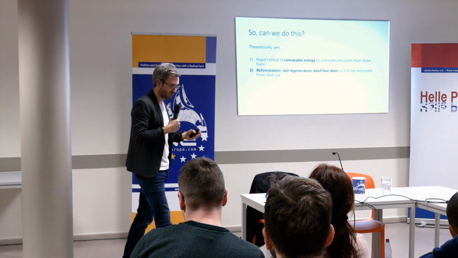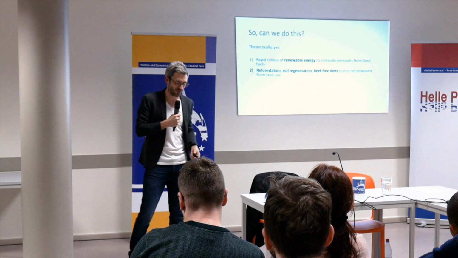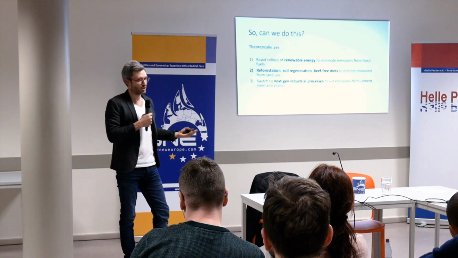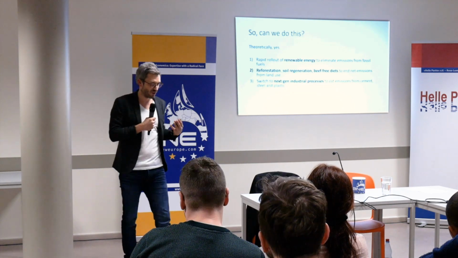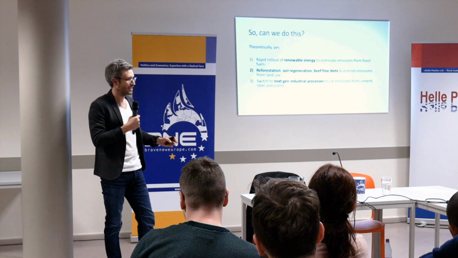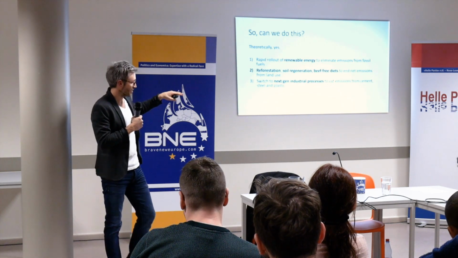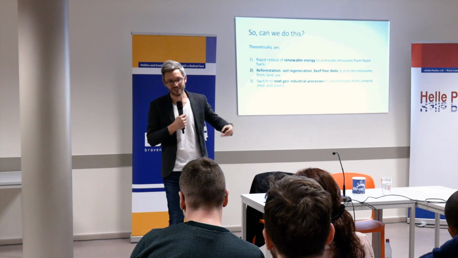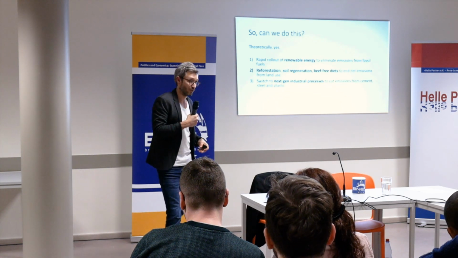This also has to be part of our conversation besides just a transition away from fossil fuels. And we need to switch to next generation industrial processes to cut emissions from things like cement, steel, and plastic production, right? I'm not sure if you're aware of this, but the production of these materials actually produces emissions completely regardless of the energy source that they use for the process, okay?